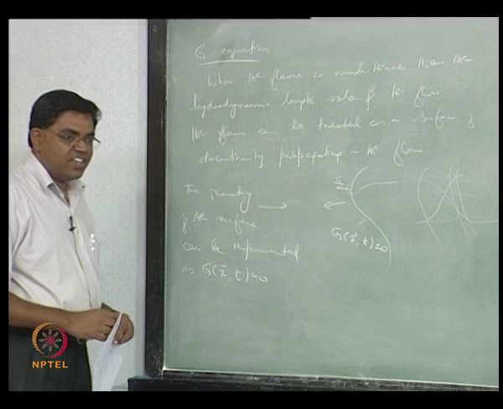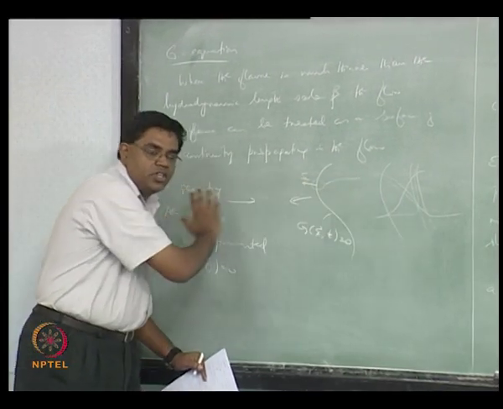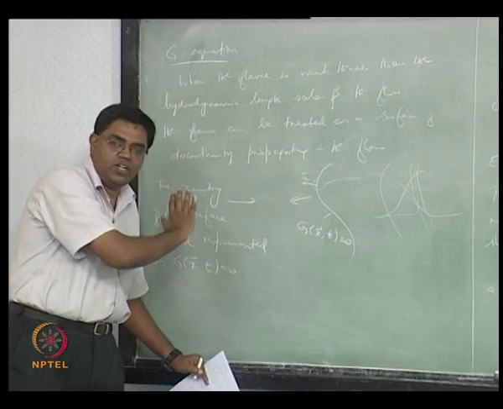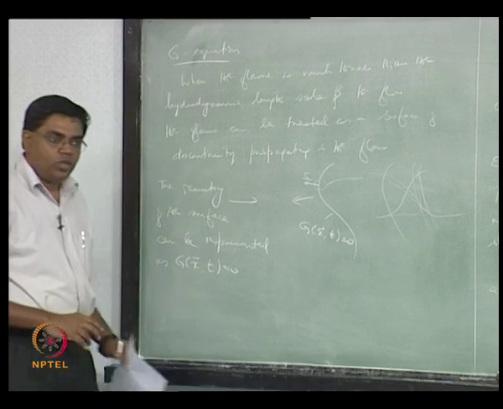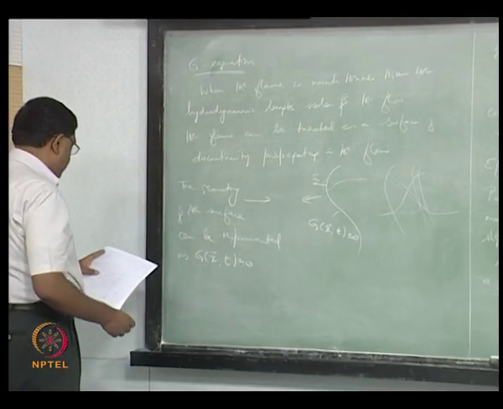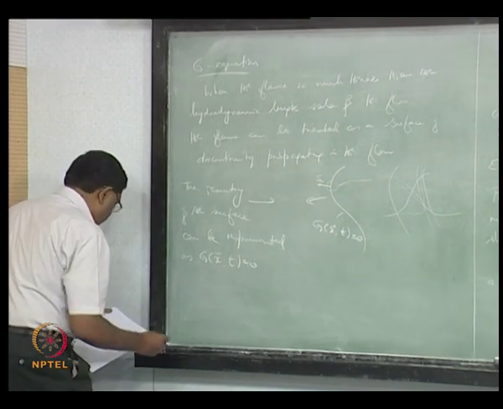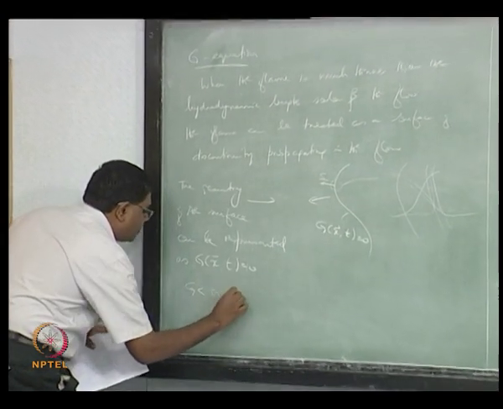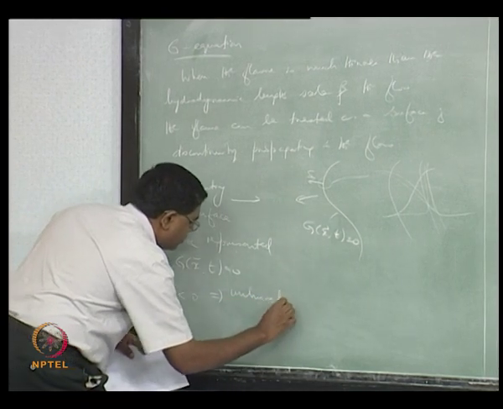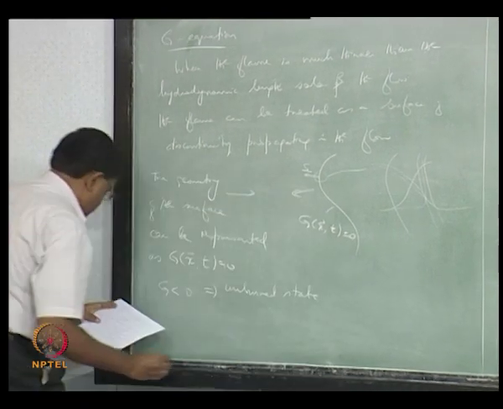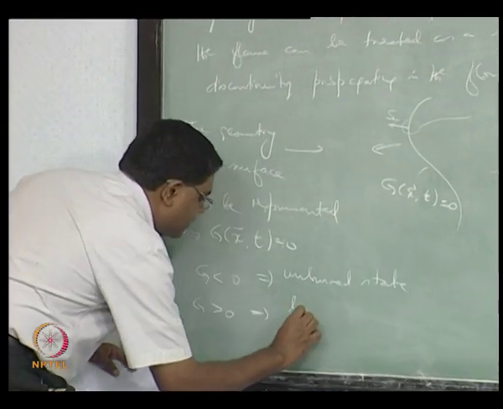So if you want to look at it as a scalar, that means it's a scalar field, that means it should be defined and described everywhere in your flow field, right. So if you want to do that, then there is a way of dealing with this, that is, you can say g less than 0 could refer to the unburned state, and g greater than 0 could refer to the burned state.